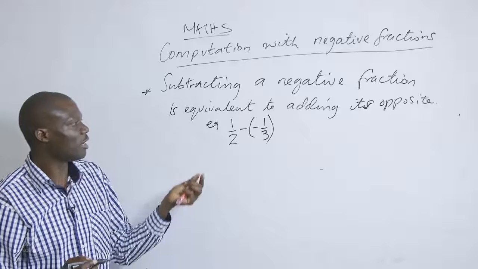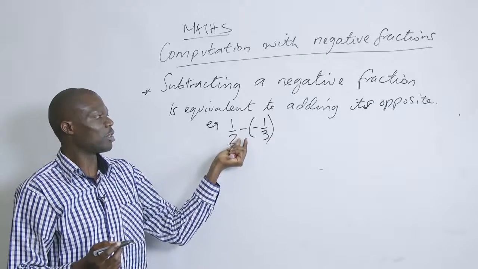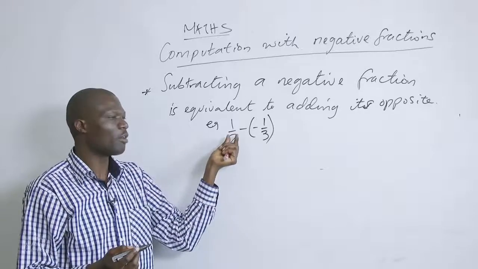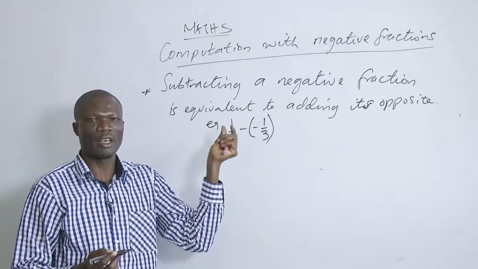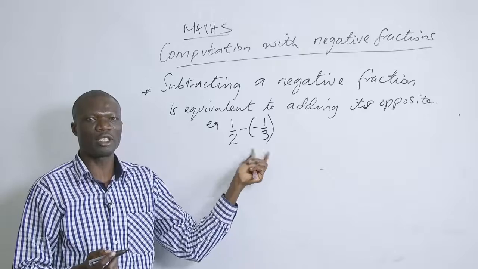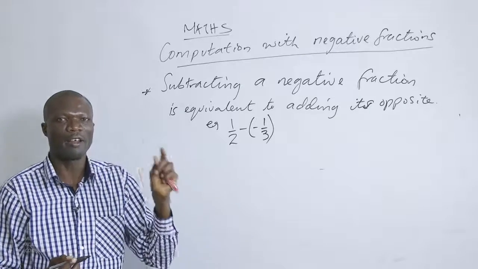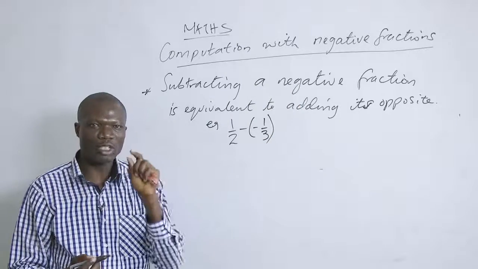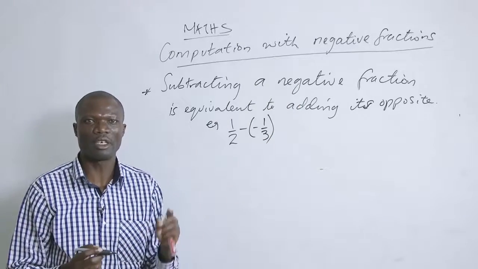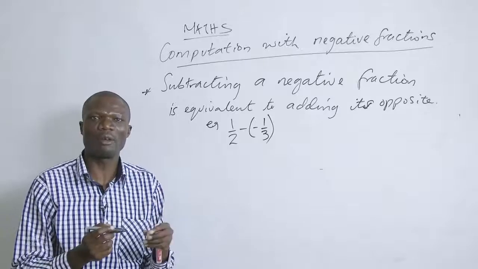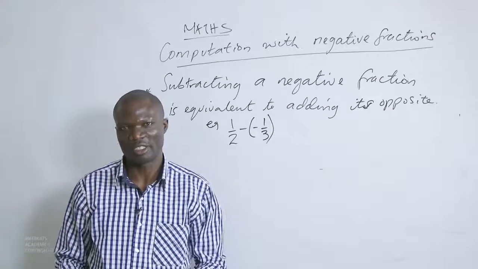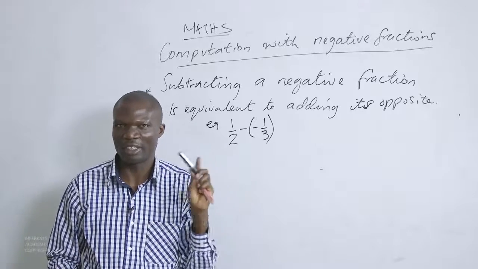Now you notice that we are taking a half, subtracting a negative fraction. So this is the situation that we have, and here you realize that we want to apply what we've been told here, that while subtracting a negative fraction, it is the same as simply adding its opposite.